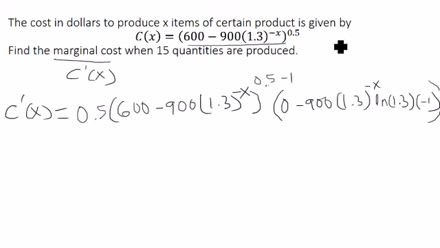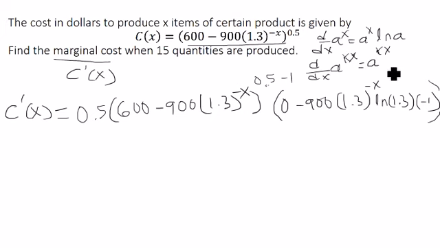We're using the formula of d over dx of a to the x equals a to the x times natural log of a. And a little further than that, you can also think of d over dx of a to the kx, using the chain rule, as a to the kx times natural log of a times k.